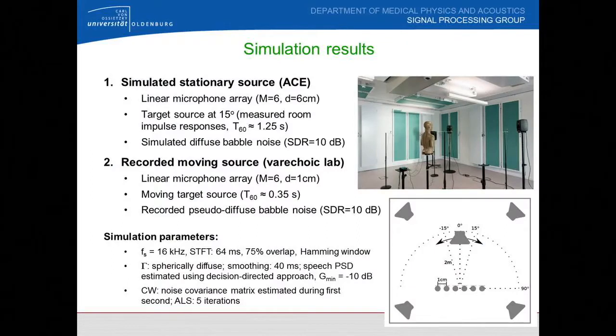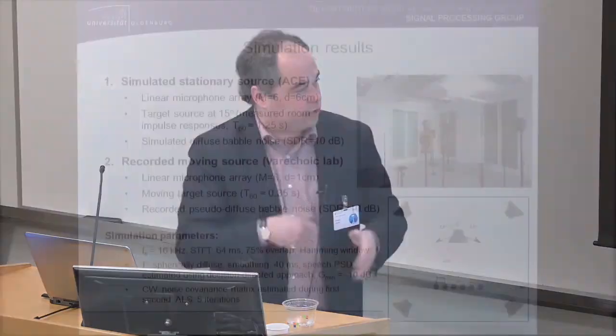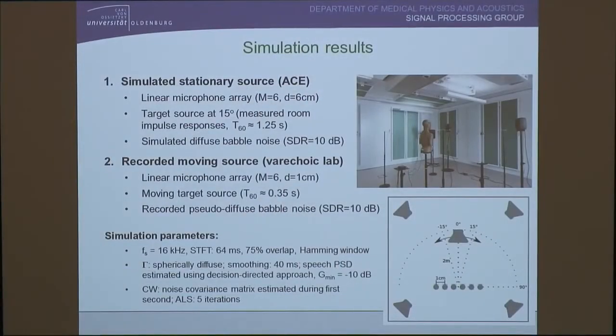All typical simulation parameters, 16 kilohertz, rather short STFT in order to have a limited latency. And then also the typical assumed parameters for these iterative methods or for the covariance whitening method, where most of the smoothing is actually quite short in order to be able to track moving sources.